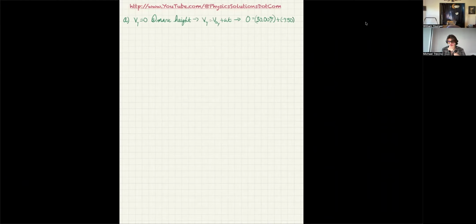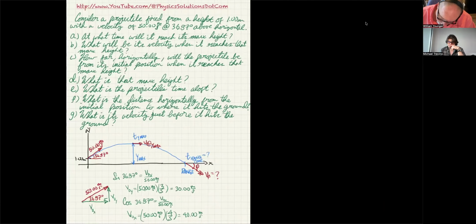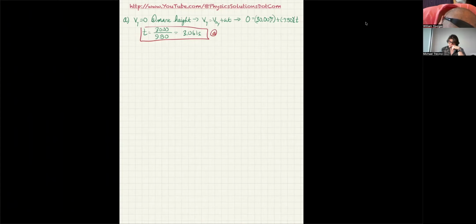I'll leave off the units here just because it's getting ugly, and then times t. So in this case, I get t is equal to 30.00 divided by 9.80, and that gives me 3.061 seconds. And we knew that because that was the answer we found in part A, or in example 1. Okay? So at what time will it reach its max height? That's 3.061. It's at max height.